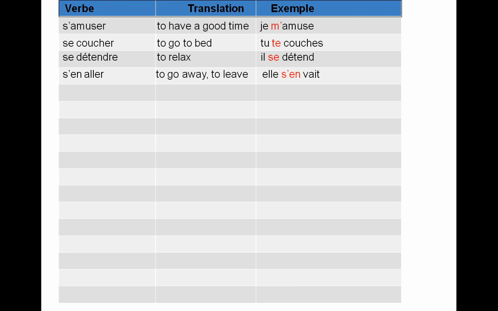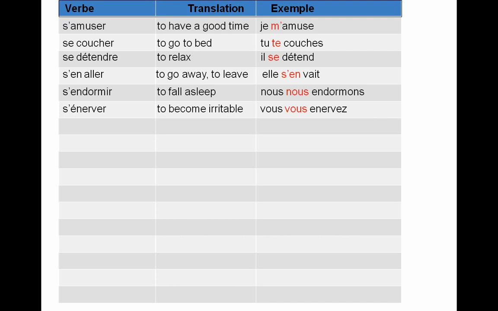Okay? S'endormir, to fall asleep. Nous nous endormons. S'énerver, to become irritable or to get nervous. Vous vous énervez. Okay? Se fier à, to trust. Il se fie à toi, il se fie au prof, it can be whatever you want.